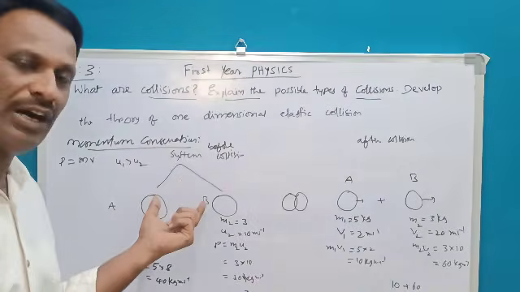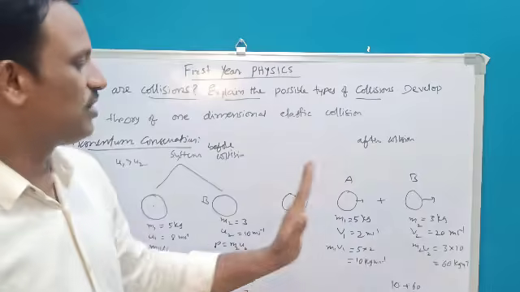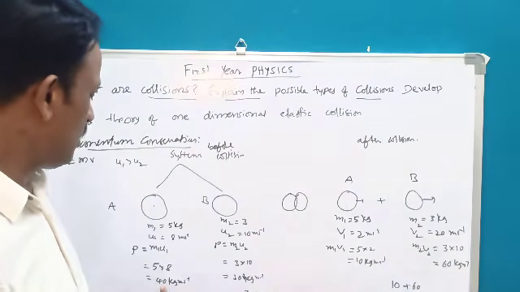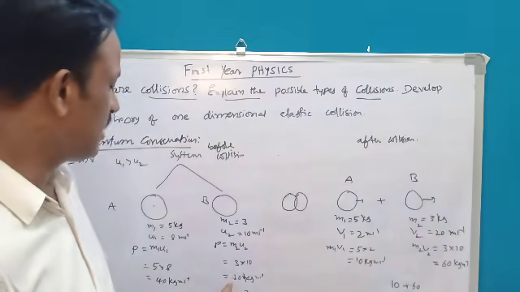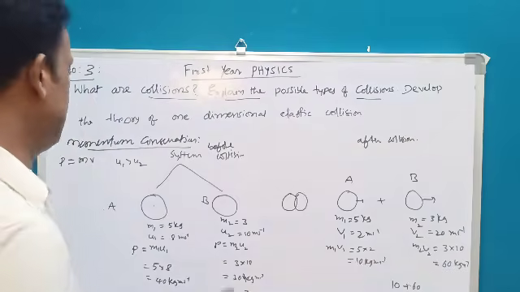In the system, we have two objects: the first one is 40, the second one is 30. After collision also, we have two bodies, but their momentum is slightly changed. The first one's momentum changed from 40 to 10, and the second from 30 to 60. But overall, the momentum is the same.